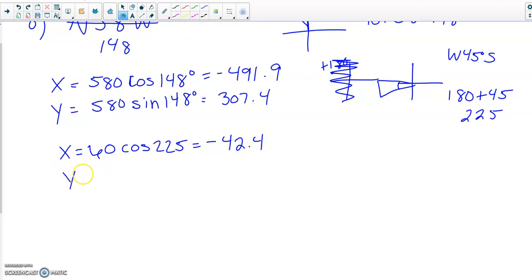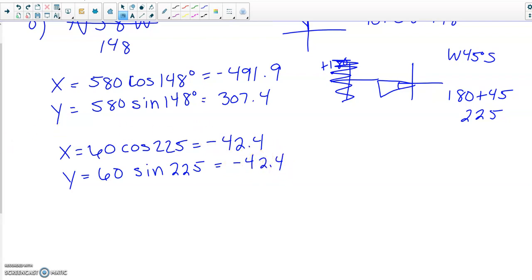And y equals 60 sine 225, and we'll get the same answer.